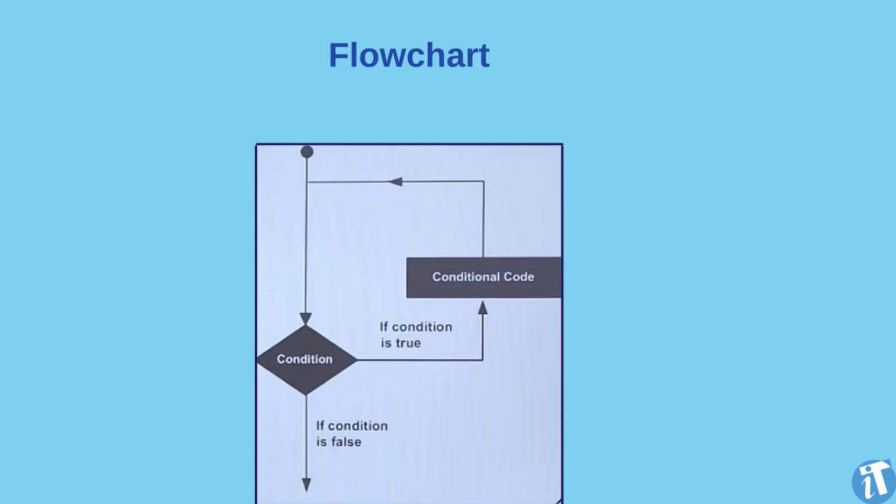If the condition is true, then we will execute the conditional code and the control will again come to this condition. So unless and until this condition is returning true, this loop will keep on executing. As soon as the condition is false, it will get terminated. If there is any logical error, you may write an infinite loop which will not be able to come out of this iteration.